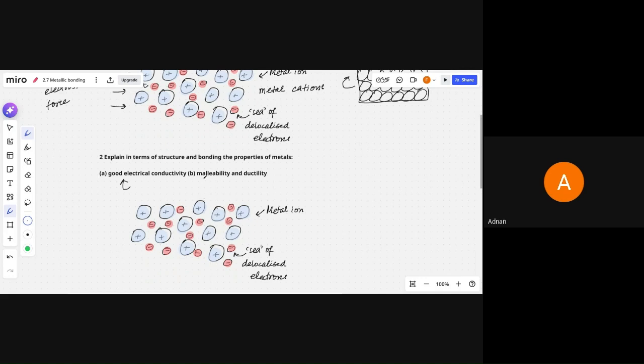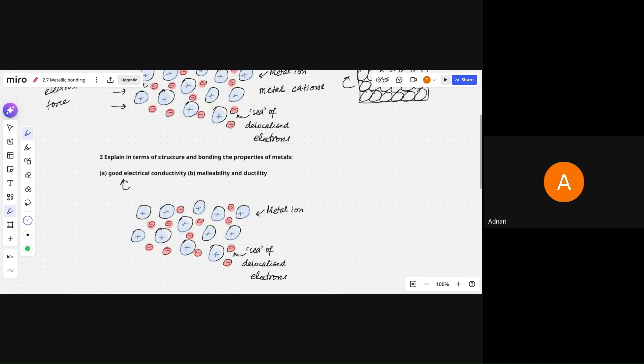And now malleability and ductility. What is meant by these two terms? Malleability means the hammering property, the ability of something to be converted into thin sheets. For example, aluminum.